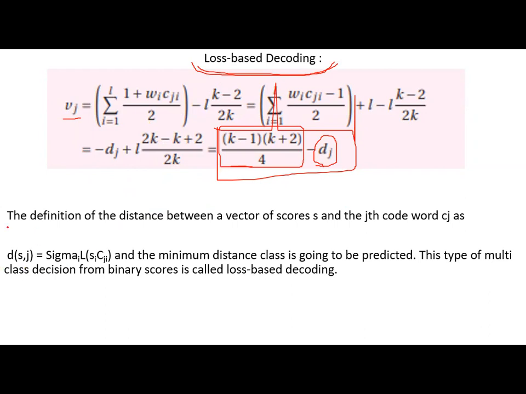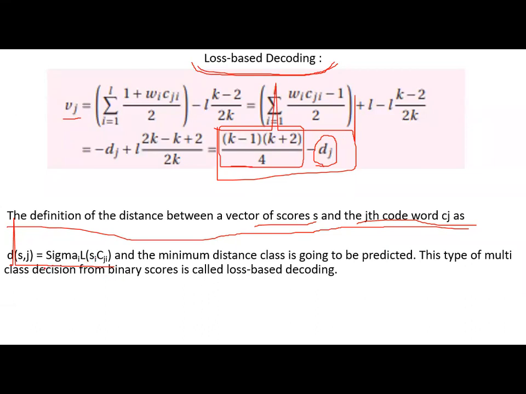Now, the definition of the distance between a vector of scores S and the jth code word Cj is d of S comma j, equal to sigma of L of Si Cji.